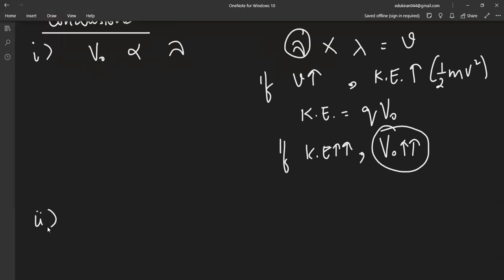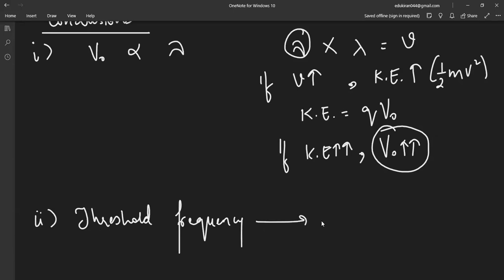Secondly, the second conclusion that was observed was that for the minimum cutoff potential to exist, that is, for the threshold frequency to exist, as soon as the threshold frequency is achieved, the photoelectric current becomes zero.